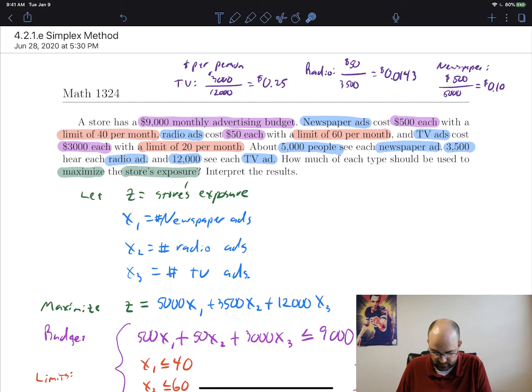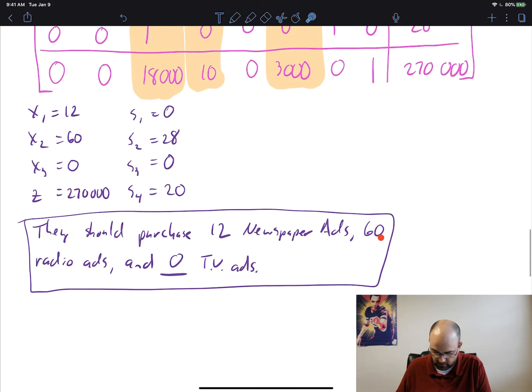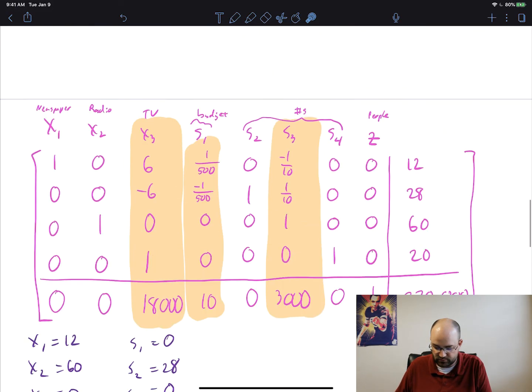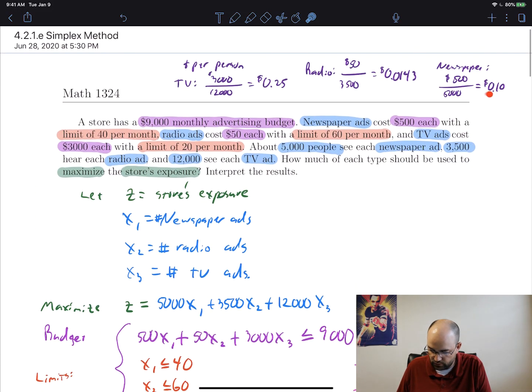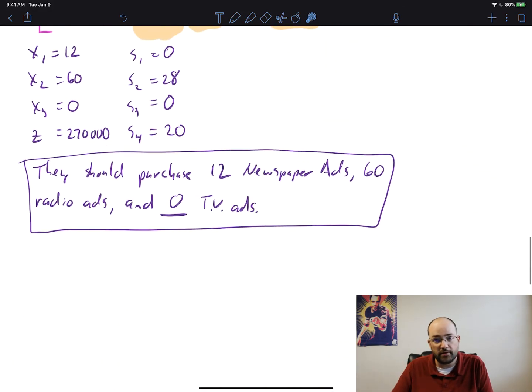And in this case, because we're limiting ourselves to only 60 per month, that means that you're going to use all 60. And then whatever you're left over with, you want to purchase the next cheapest, which is, in this case, newspaper ads. And then purchase all those that you can. But the problem is that we actually run out of money doing that, and so we can only purchase 12 of those.